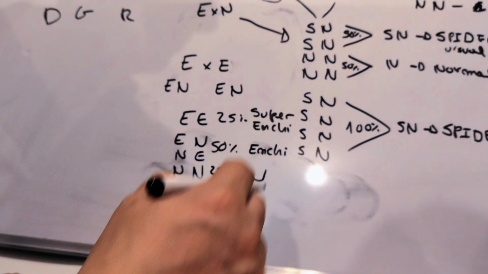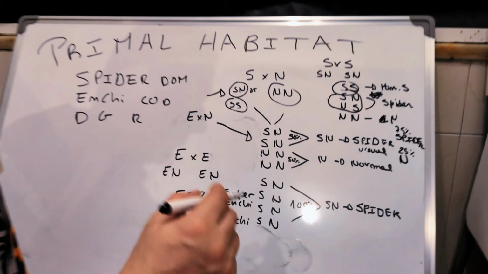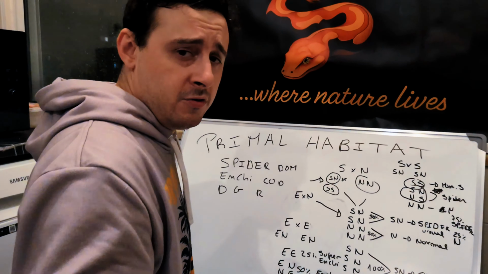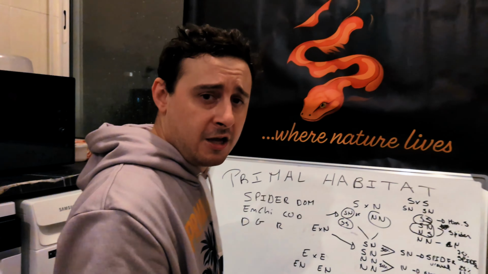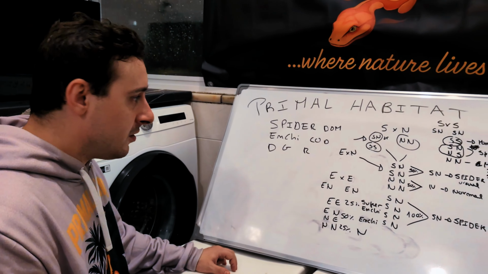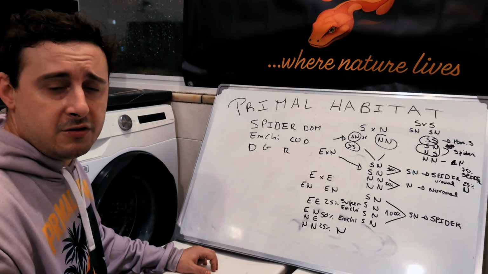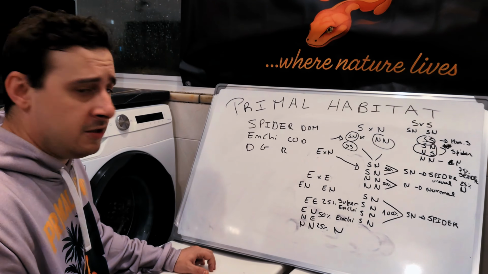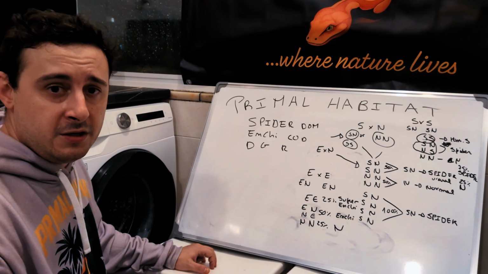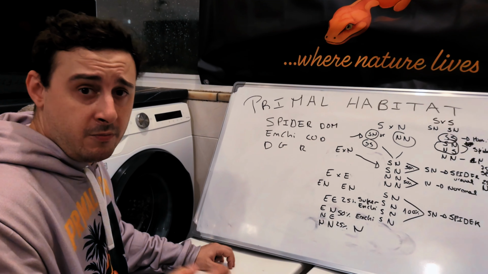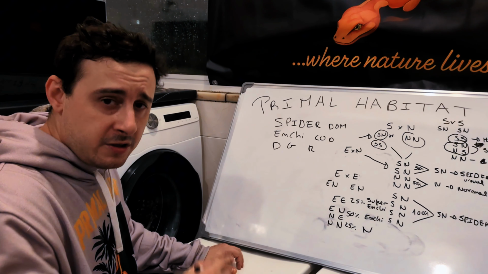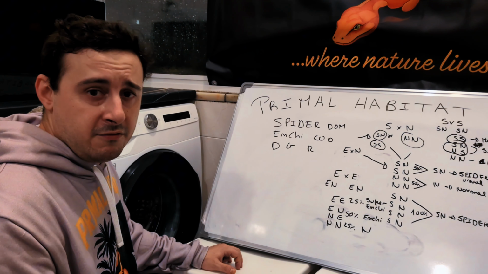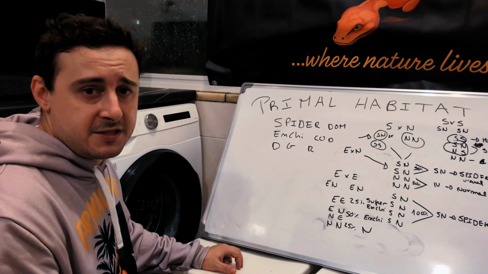So there is a difference between dominance and codominance. The dominance cannot produce superforms and the codominance can produce superforms. The only good thing when you have two alleles of the same gene in dominance is that you guarantee that the offspring will all be dominant. And in codominance, a superform will produce all the time the non-superform of that snake, okay?